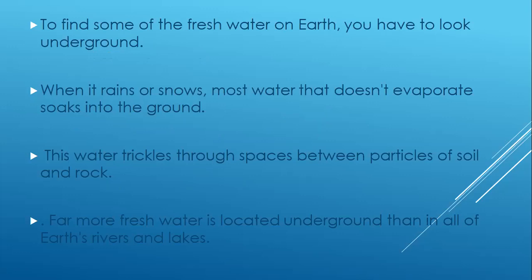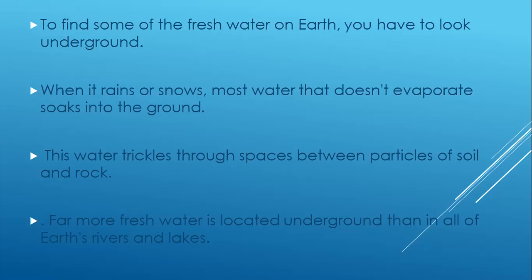So when it's raining or snow is coming, most of the water does not evaporate and soaks into the ground like a sponge. And this water trickles through spaces between the particles of the soil and rocks, like it's going to penetrate through.